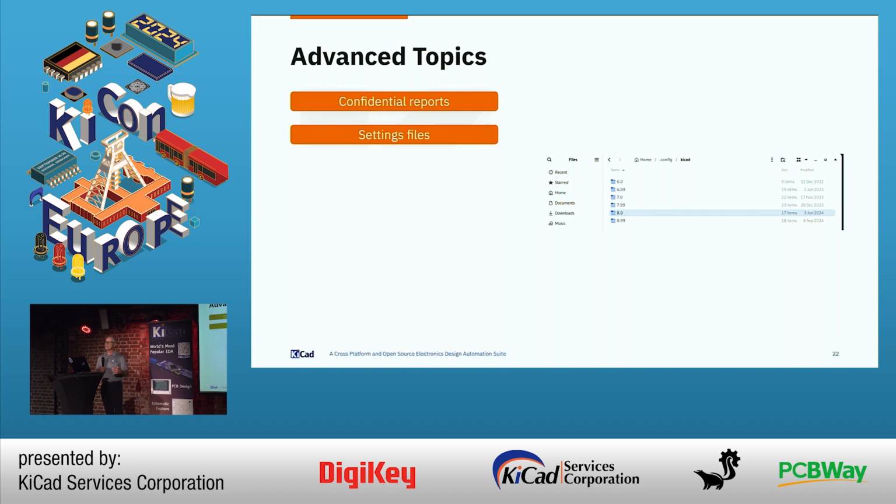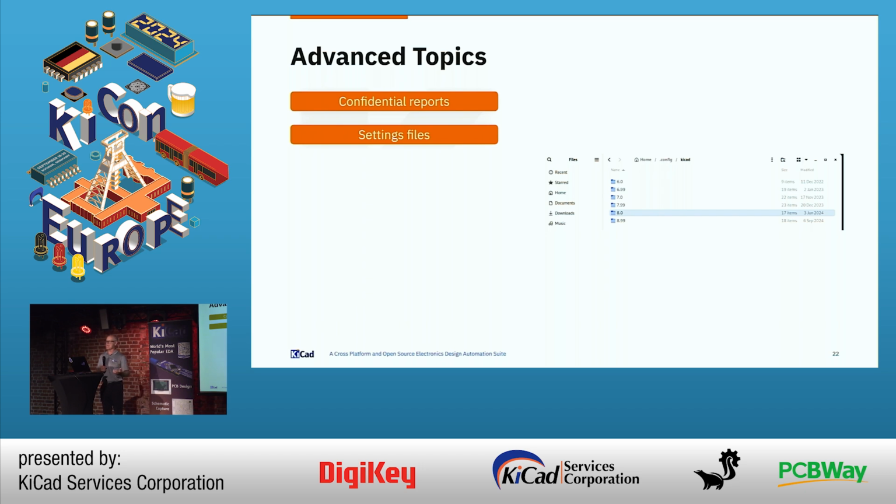Where do you find them? Well, it's somewhat platform dependent, but it's usually where your configuration goes. On Linux, it's home config KiCad. And you'll notice here I've got versions that go way back. You just zip up that whole folder and then attach it to your report.